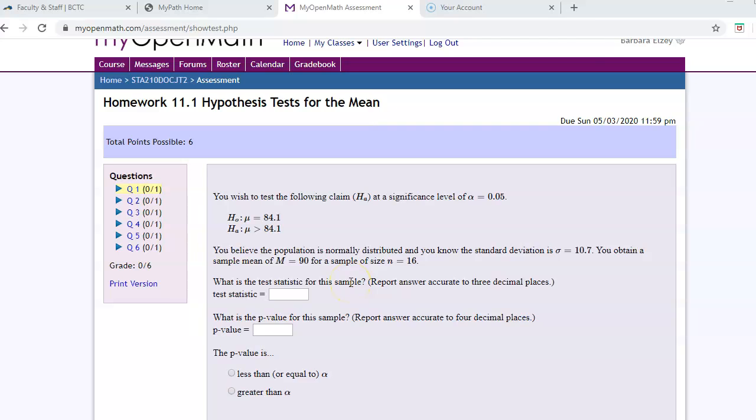Now this goes back to the z-score we've been using quite a bit in the last sections, in section 9.2. So let's go back to that z-score with this information that we have. Now this m that they've listed is really our x bar that we've had in the formula, and we're going to fill in our mu, 84.1, and here's our sigma and our n.